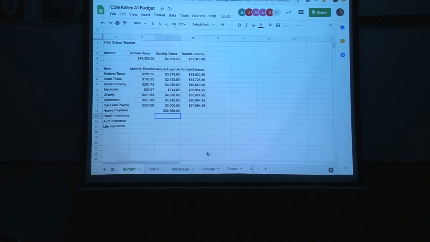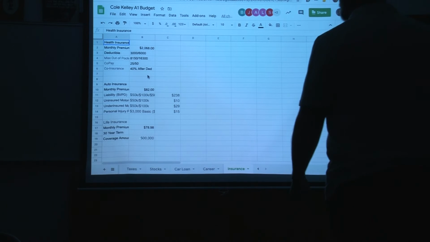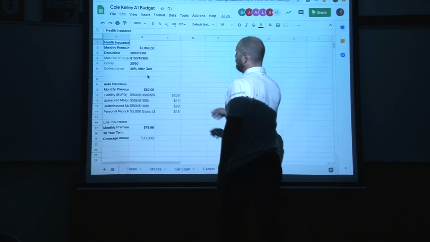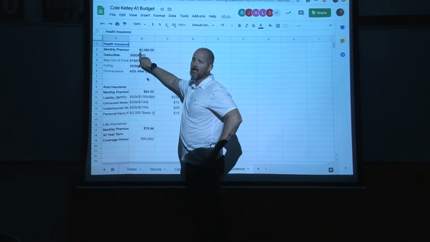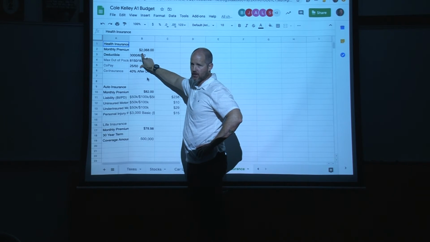Now, if we look at our insurance page, okay, and we look at what our premium was for health insurance, auto insurance, life insurance, okay, and we put those numbers in, are we going to have enough money to be able to do that, okay? Now, health insurance, here's what I'm going to allow you to do for health insurance, okay?